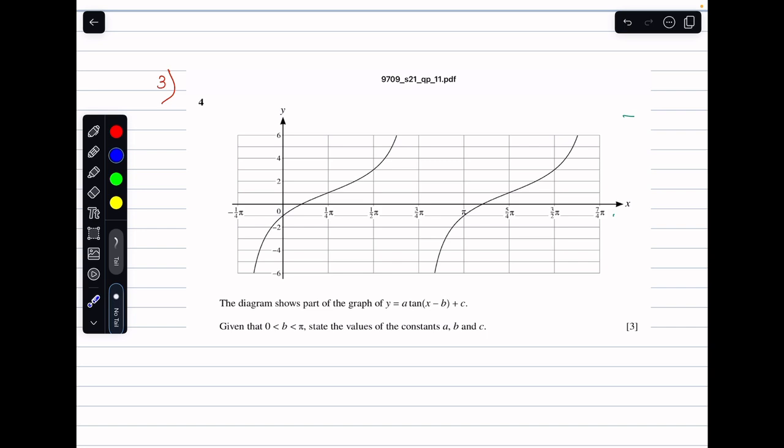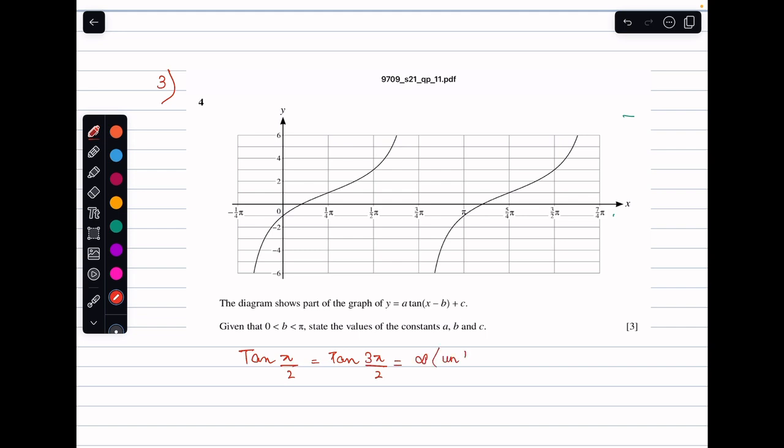If we analyze the given graph, what we can see here is that at 3 pi by 4 and then at 7 pi by 4, these values have been translated to be asymptotic. They have been translated along the x-axis to be asymptotic, meaning we know that it's tan of pi by 2 and also tan of 3 pi by 2, which is equal to infinity, or it is undefined.